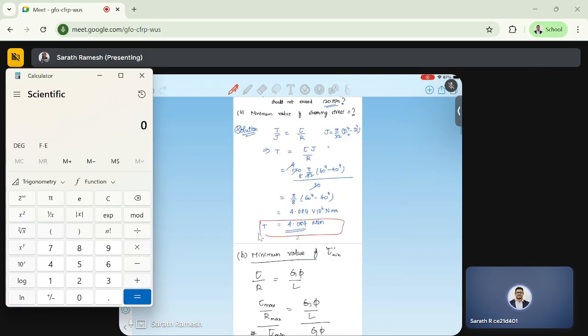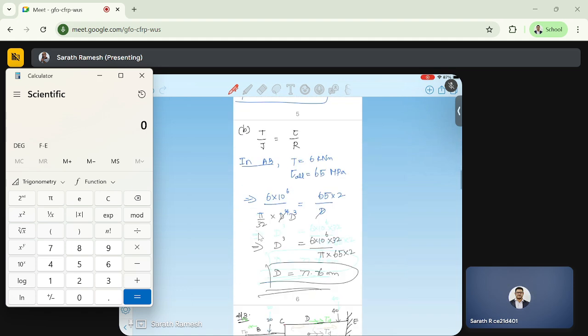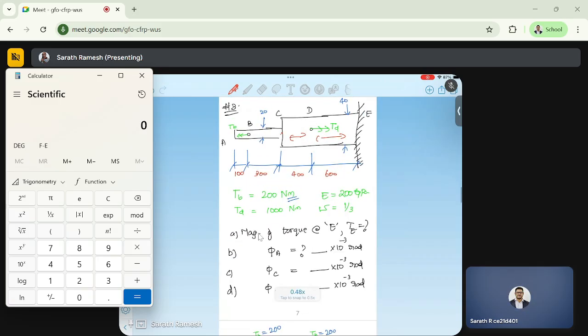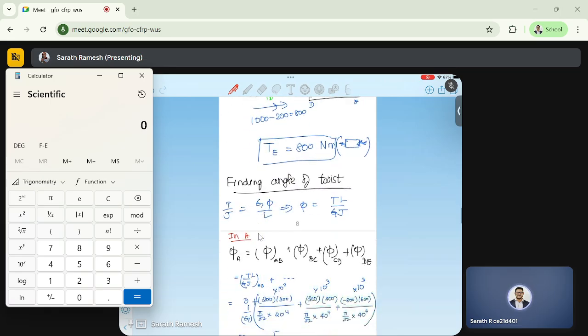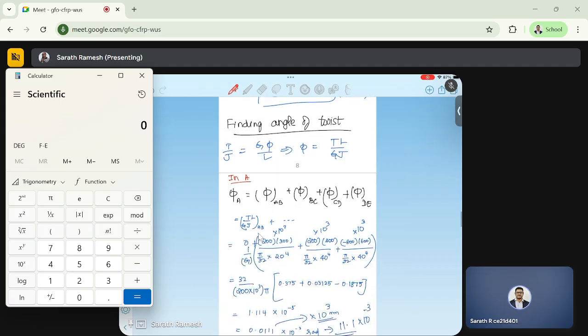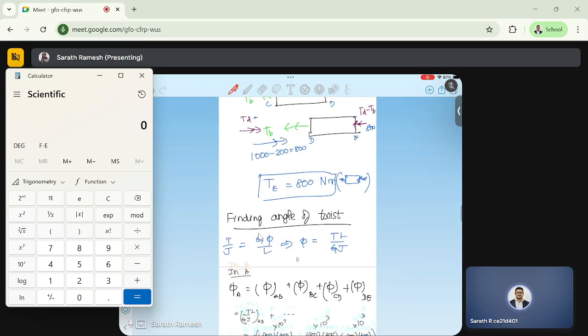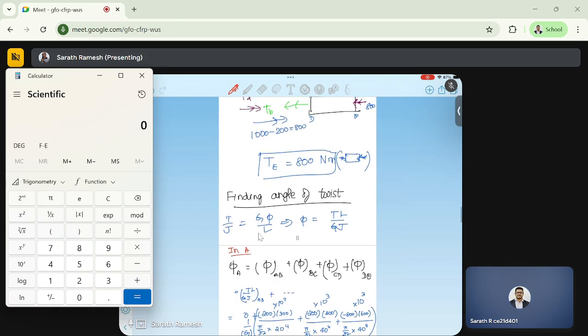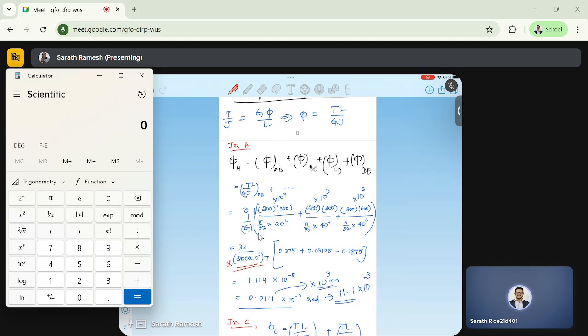In problem number 2 or 3, this is E, but I think I used the value directly. This is wrong again. These are all mistakes that everyone makes. Please make a note. This will be wrong. Instead of this, G will come, not E.